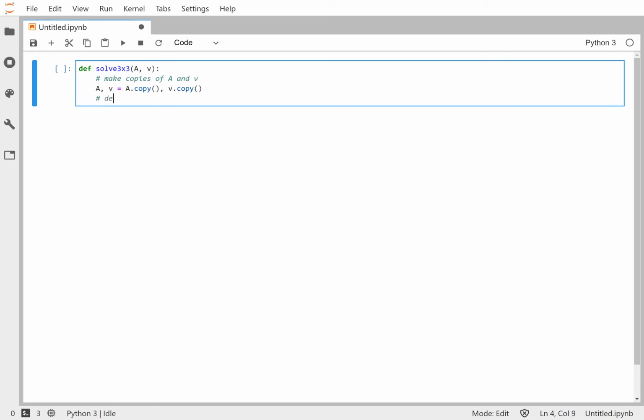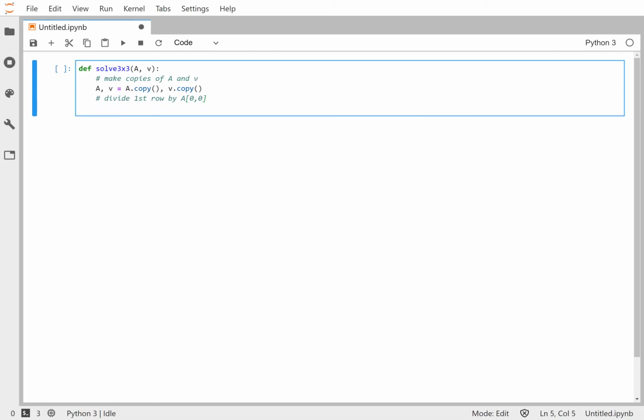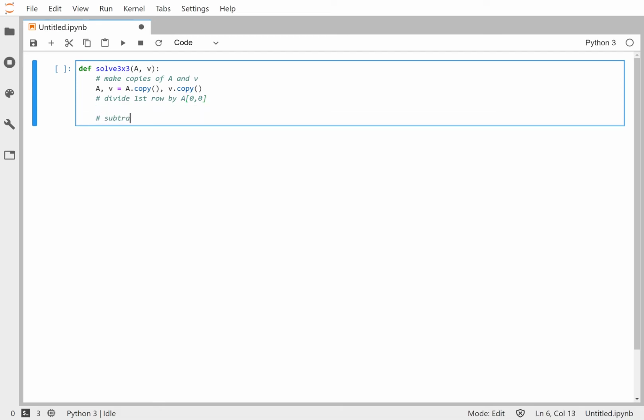Next thing we need to do is the division step. So we want to divide the first row by whatever the first thing in A was, A00, in Python notation, A[0][0]. And then we want to do some subtractions. So we want to subtract a multiple of A from rows 2 and 3, or I guess rows 1 and 2. We're going to be 0 indexed here after all.